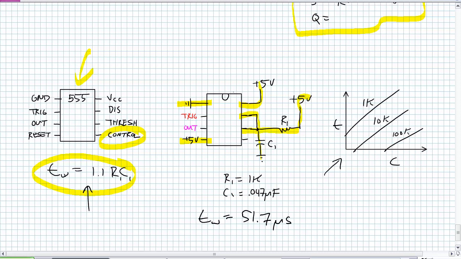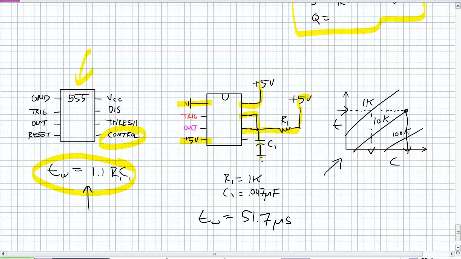What you're given are these graphs with lines for certain resistors. And let's say you want a pulse width of that time period. If you're using a 1K resistor, just walk along till you hit the 1K and go down and read what the capacitance value is. If you're using a 10K, keep walking till you hit the 10K, go down and read the capacitance value.